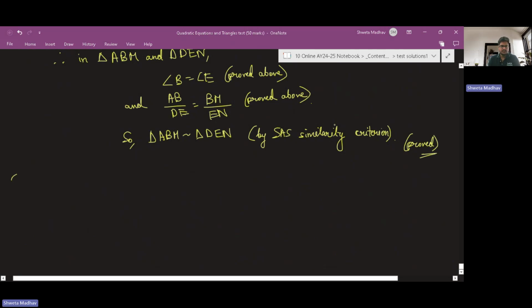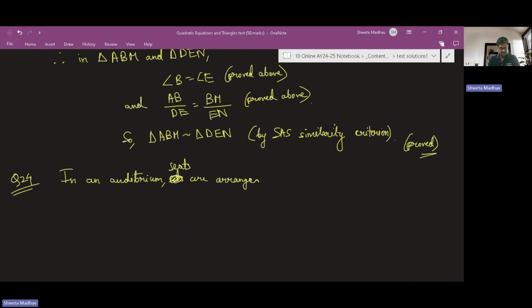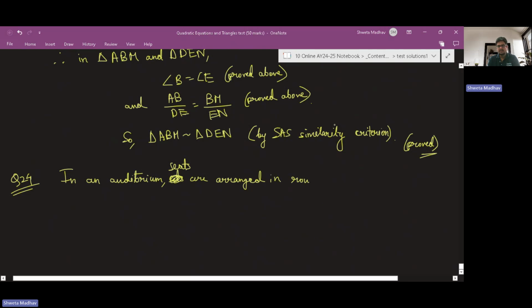Then in question number 24, it is told that in an auditorium, seats are arranged in rows and columns.